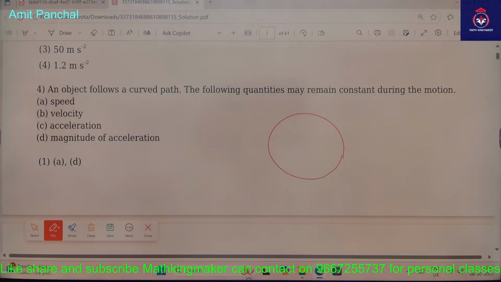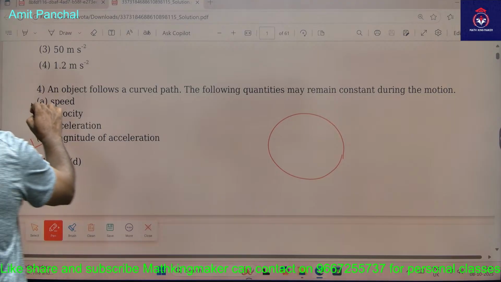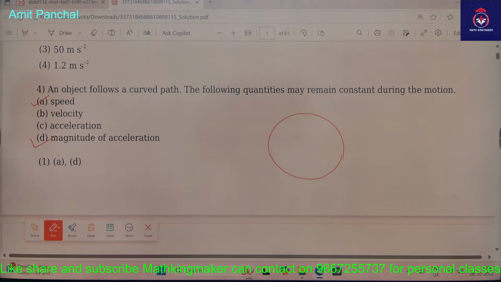Speed, velocity, magnitude of acceleration. Magnitude of acceleration will remain constant. That will be one. And speed also may be constant, because velocity will change each and every time.